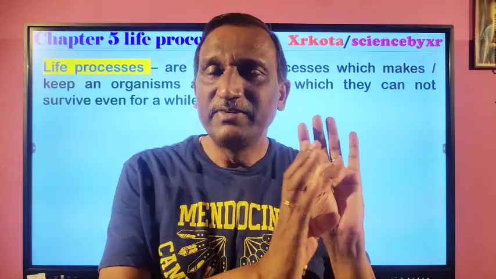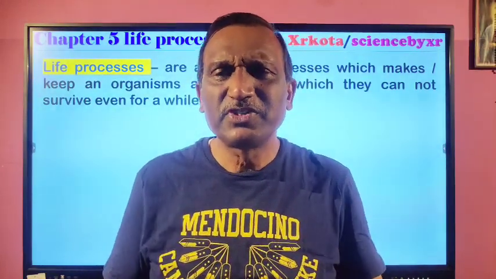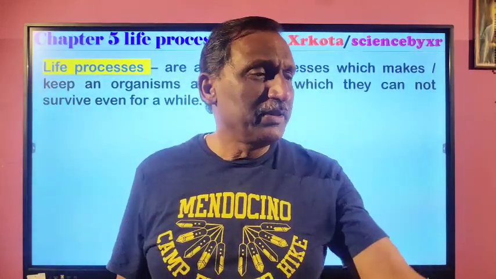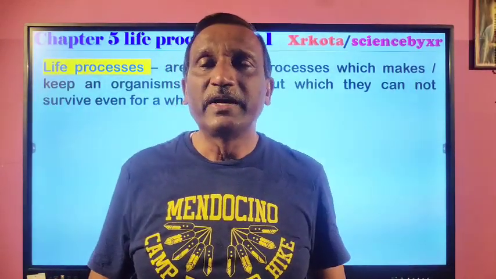Keeping this aside, what are life processes, on which the entire chapter is based, let us first also discuss what are the properties of living beings. What makes a living being different from non-living things? There are so many non-living things around us. I can have a laptop here, a mobile here, there are lights here, the computer is here, and the TV is there, and there are so many things around me.